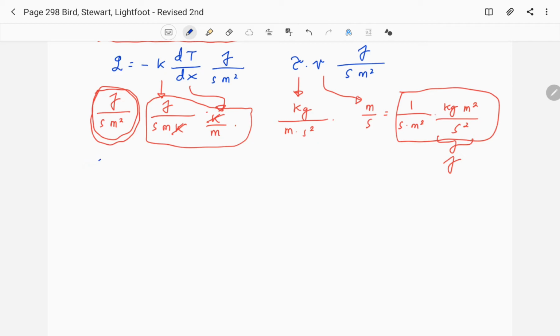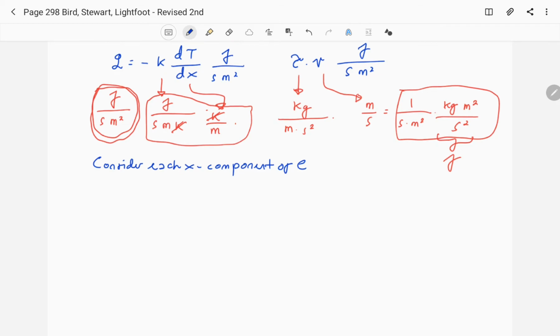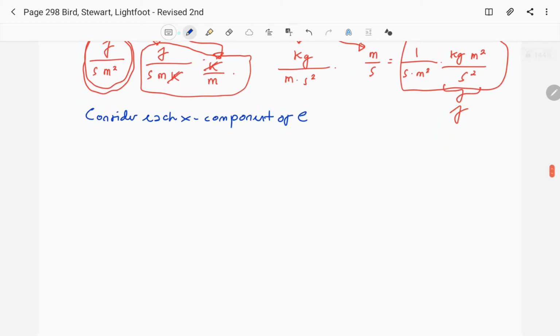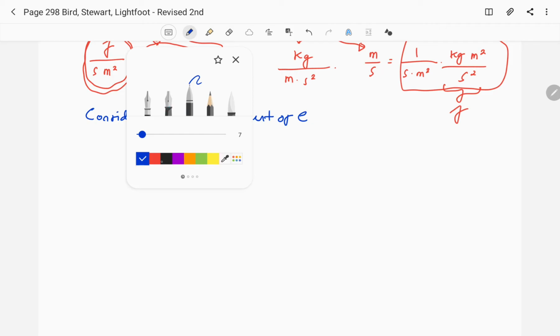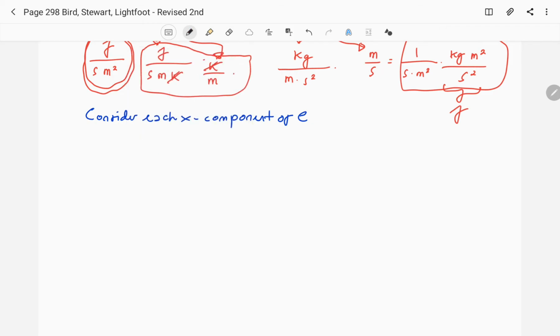Now we have a look into each component of your combined energy flux vector. Okay, the first one will be your convective energy flux vector along x direction.